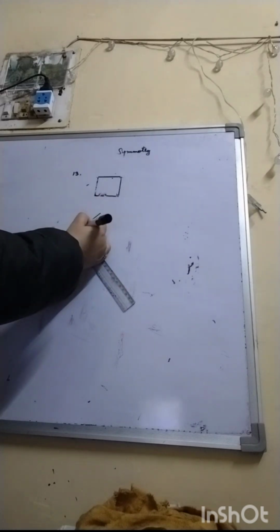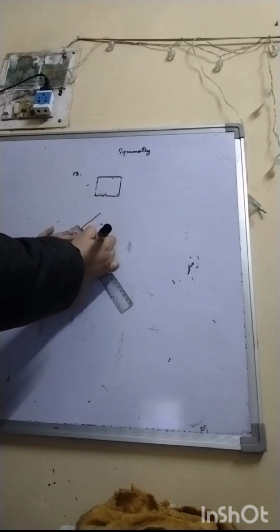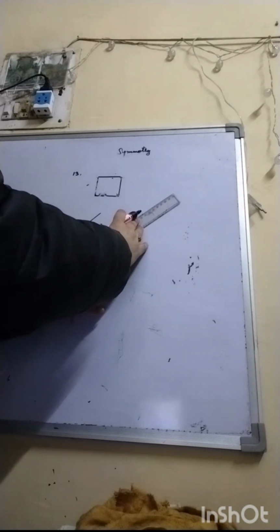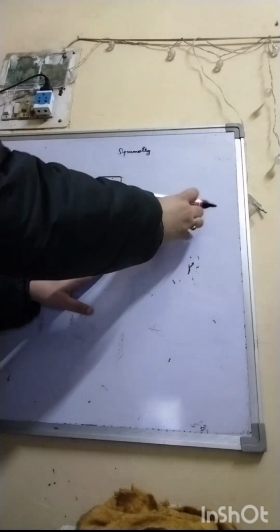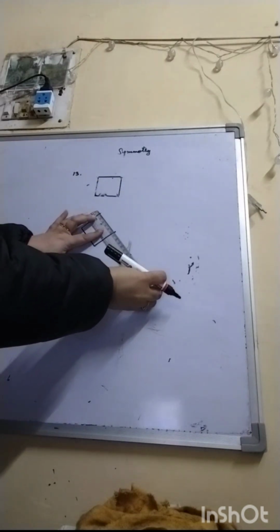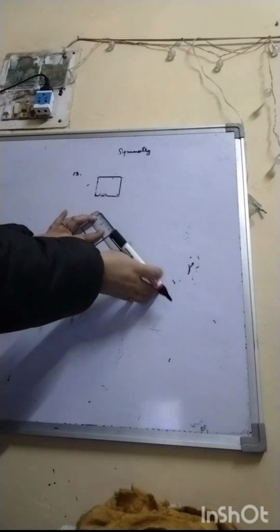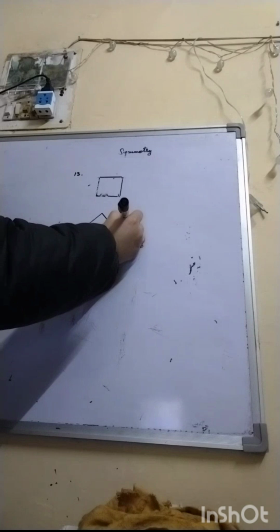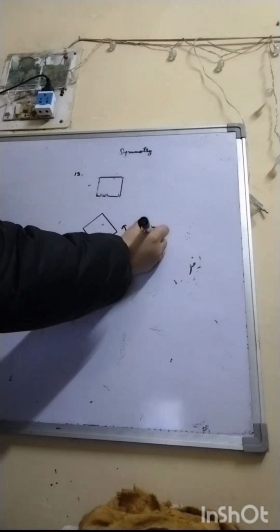We rotated it, made an inclination like this. This way also you get the rotation. Now here you say that the square is rotated to some angle.